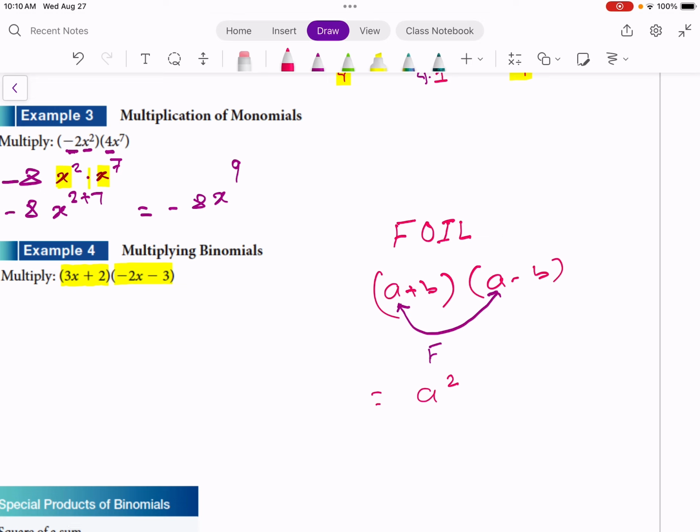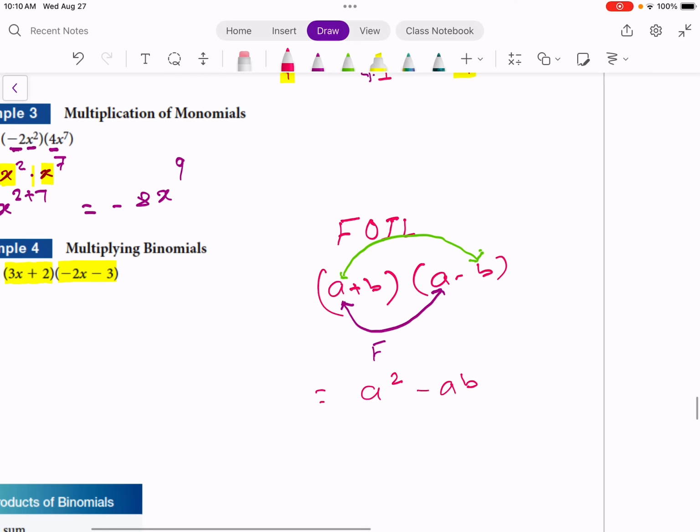Now next we multiply outside terms. Here a is the outside, b is the outside. So you multiply positive a and negative b. So positive a times negative b is negative ab. You multiply outside terms. Now we look for I, the inside terms, so we multiply inside terms.